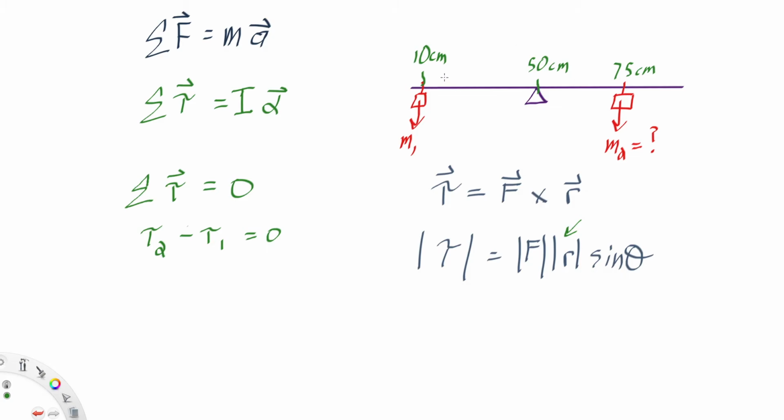Now the other two masses, the first mass, its distance from the axis of rotation is 40 centimeters. What is the distance of mass 2 from the axis of rotation? 25. That's exactly right.